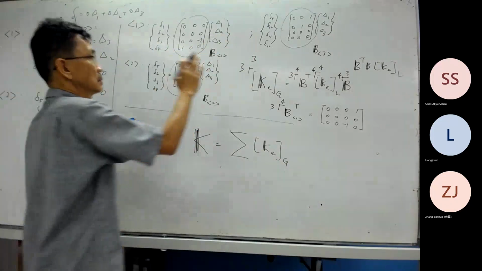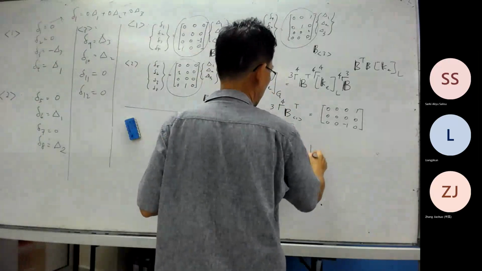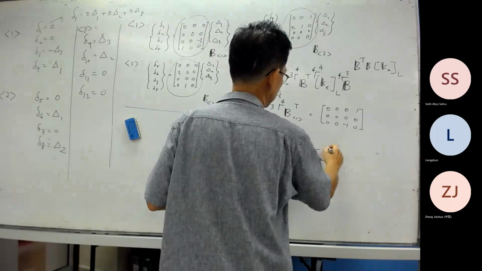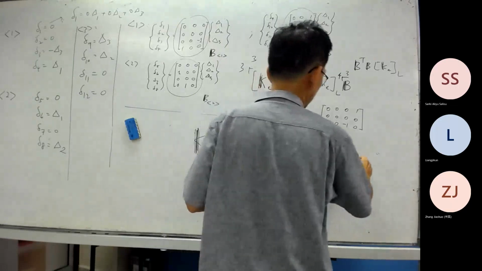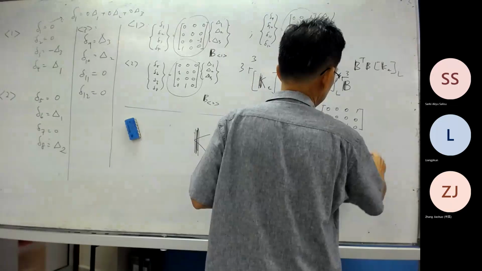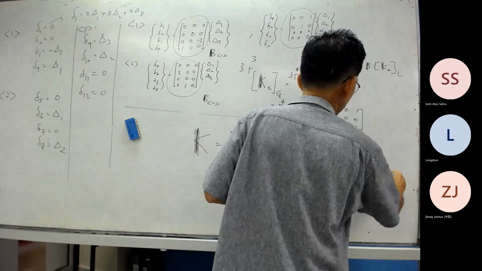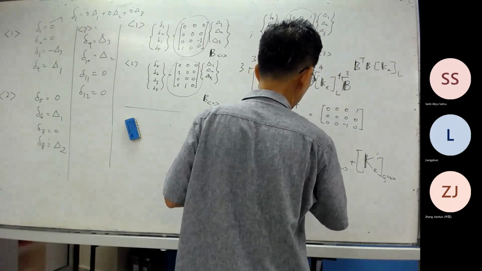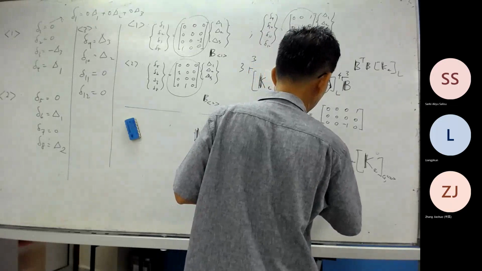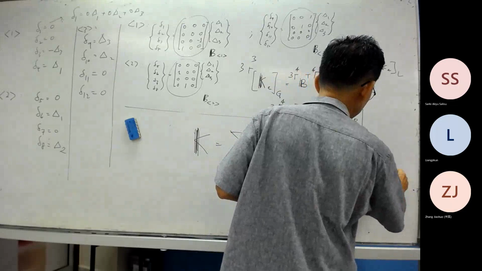Element 1, 3 by 3 matrix, add element 2. So this one is adding. For element 1, you add up. For element 2, you add up again. For element 3, you add them up directly.